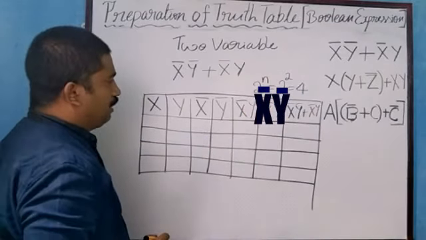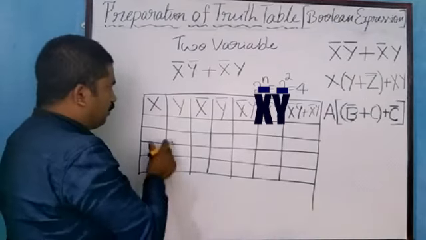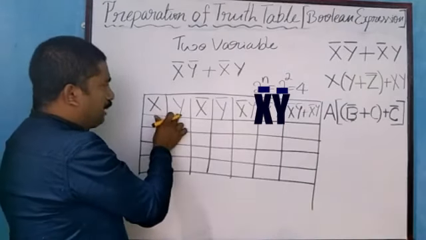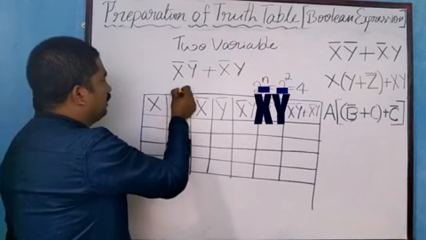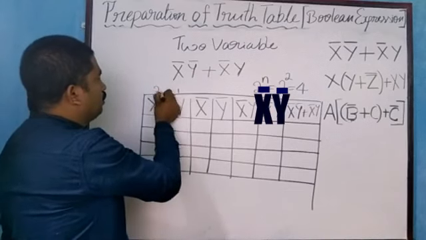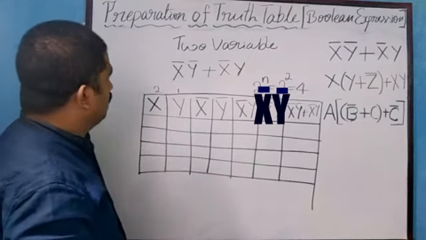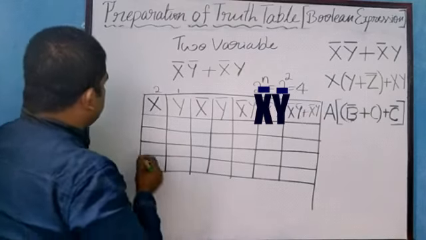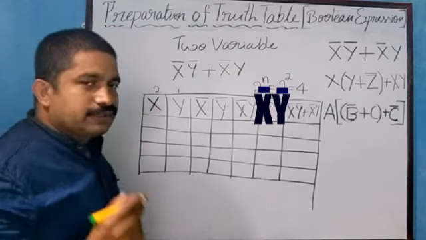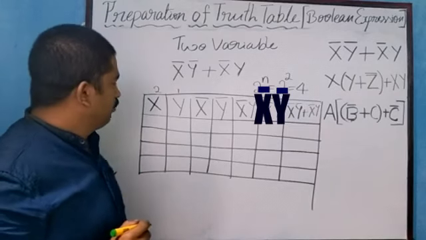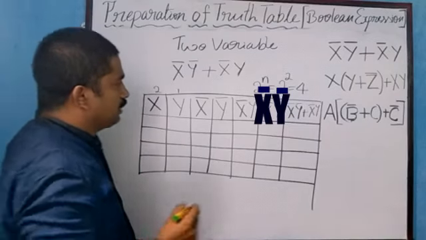So we have one trick how to write the inputs. We need x and y. Right here in the reverse order 1, 2. We know the binary numbers. For 0 we write 0 0, 0 1, like this we write.